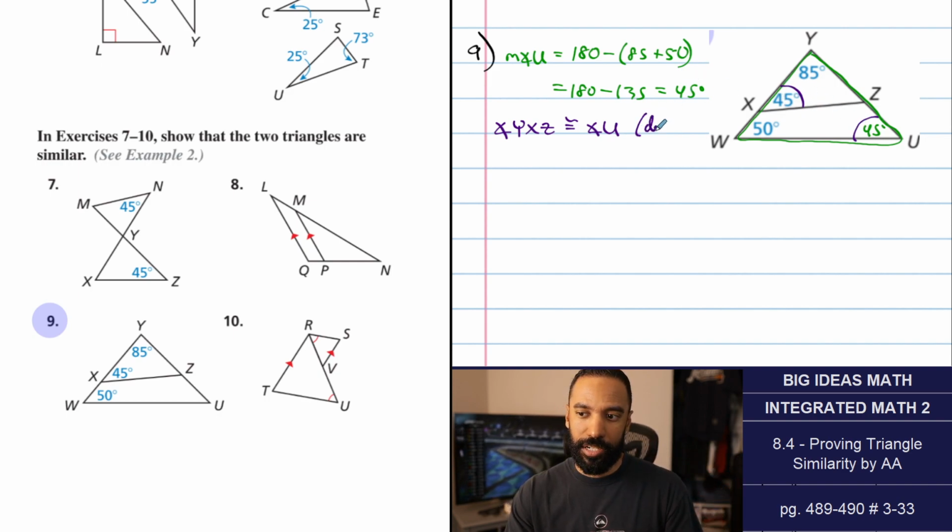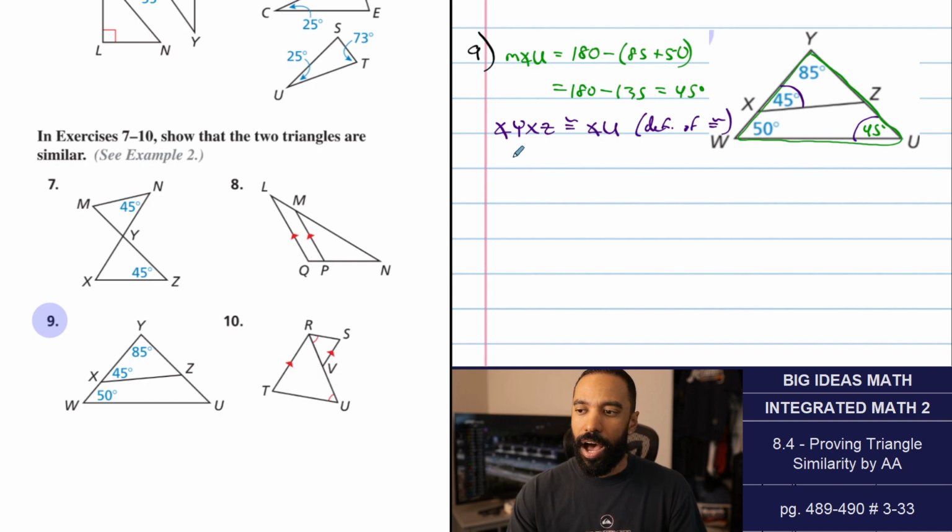I'll just say definition of congruence. Equal measures, congruent angles. And then angle Y congruent to itself. I could find out angle Z being 50 degrees for the same reason as angle U was, but let's go back to that other kind of thing. Angle Y congruent to itself, shared angle in both triangles, reflexive property.